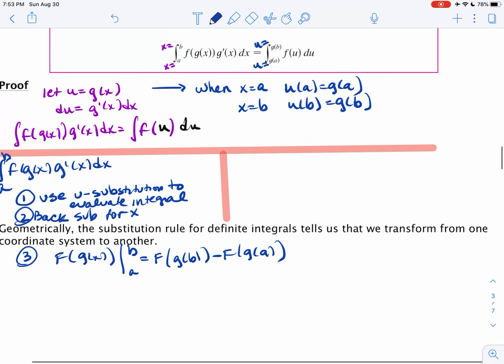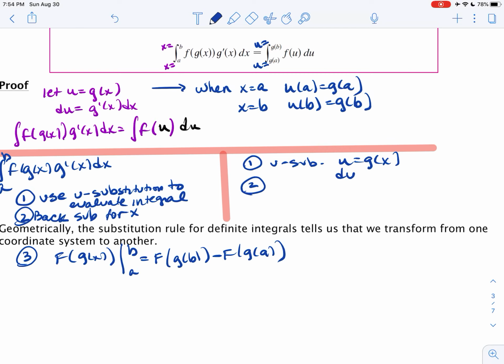Or to calculate your integral from a to b, you can, one, take your U substitution, u equal to g of x, and your du equal to g prime of x dx.